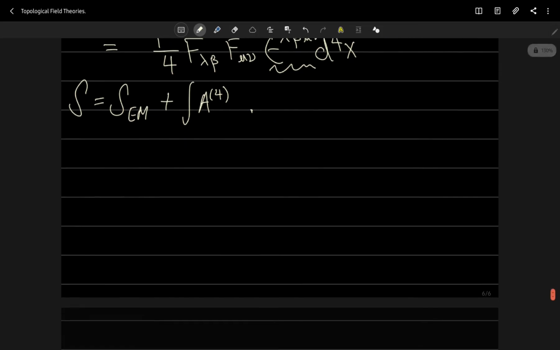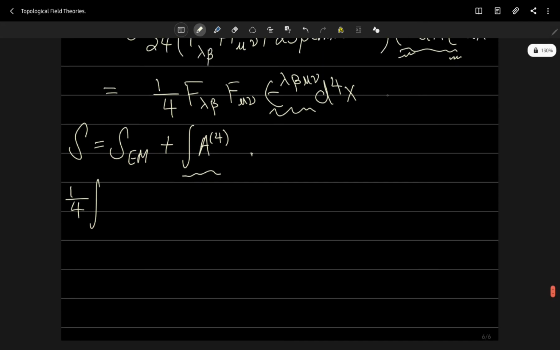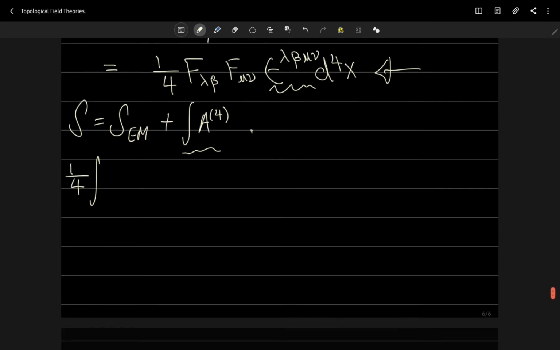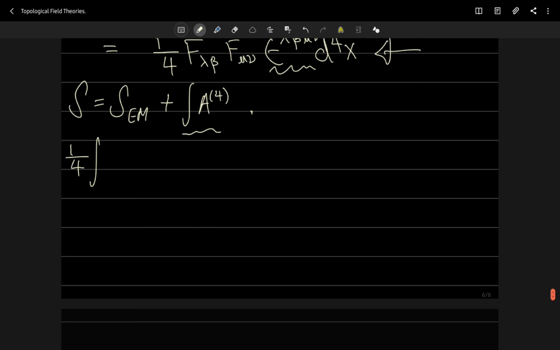And now what we can do is compute this term, so let's go ahead and do that. So we would have 1 over 4 integral. I'm computing this term. We are going to write F in terms of the 4-derivative and the vector potential. Okay, let me write it down so you can understand what I'm saying.